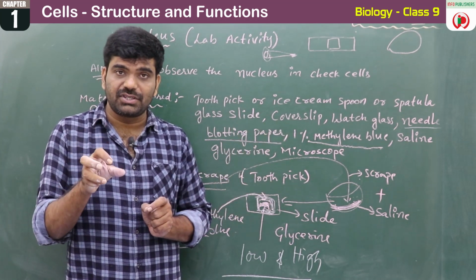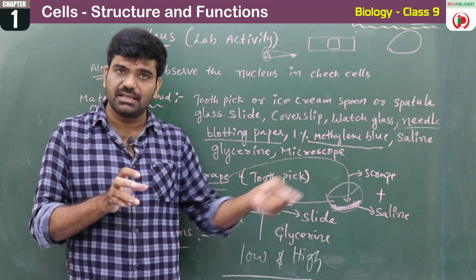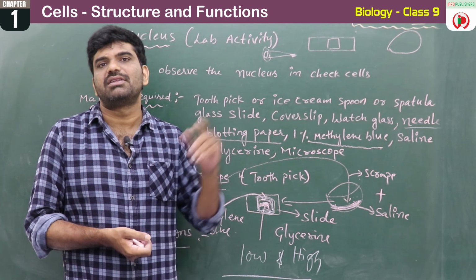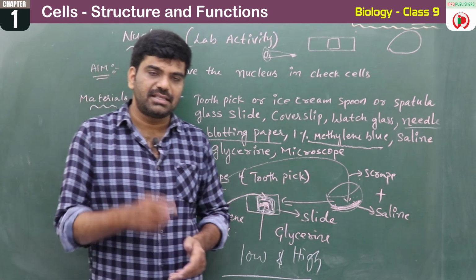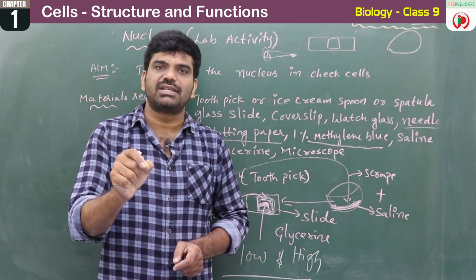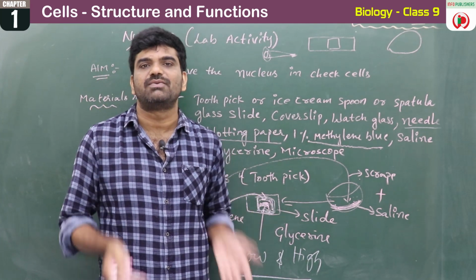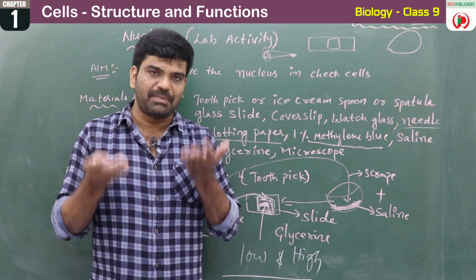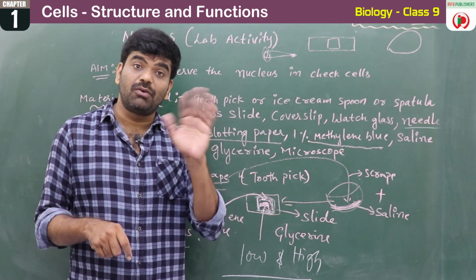The second question: are there any similar structures in the plant onion cells also? Yes, the nucleus is present there also. Inside the cell there is an oval dot-like structure you can observe here, which is called the nucleus. Our main target is that only. Inside the nucleus, again, the nucleolus is present.